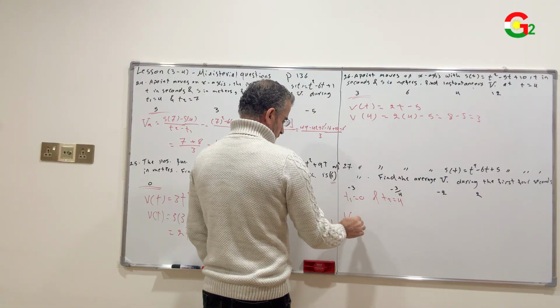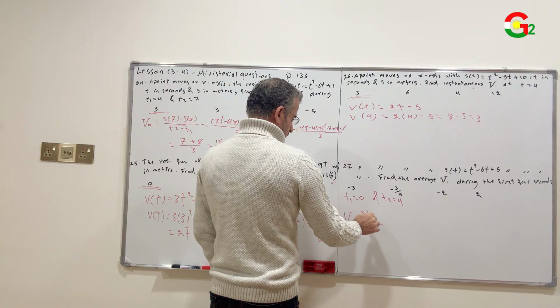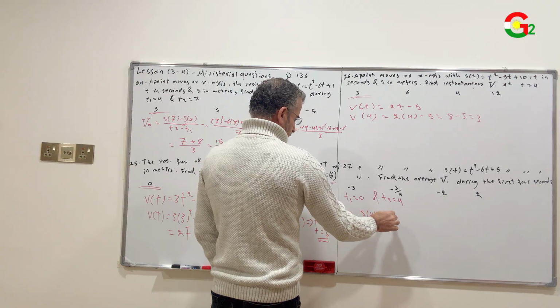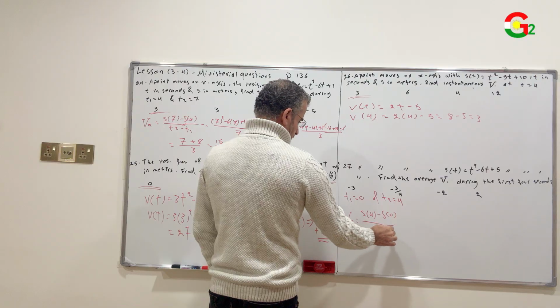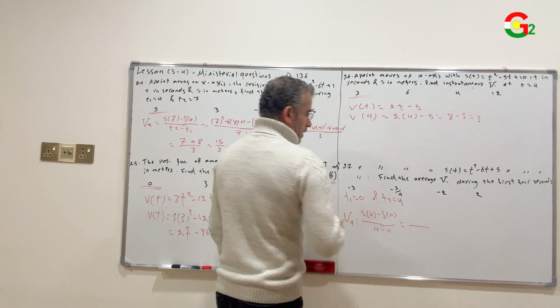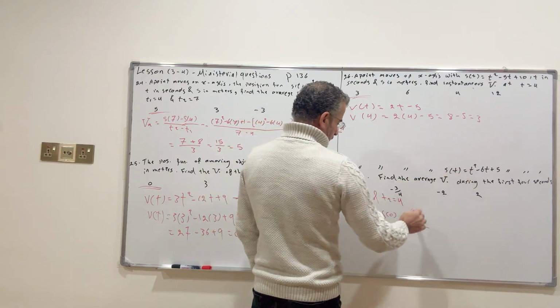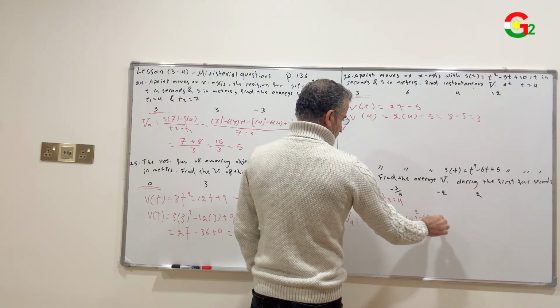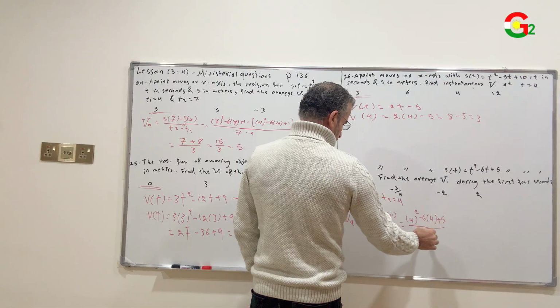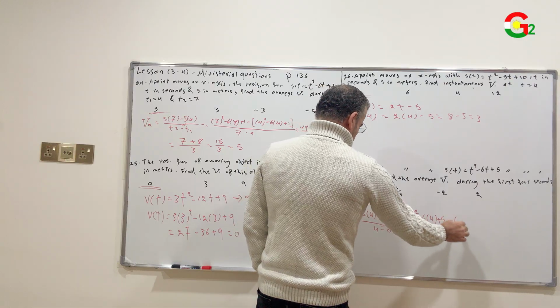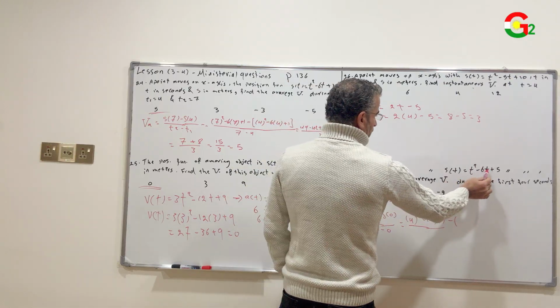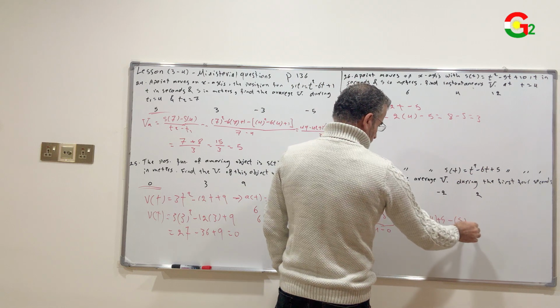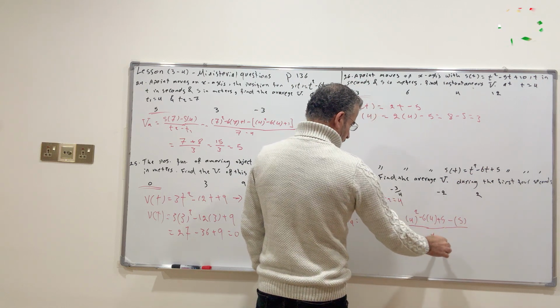The first 4 seconds means t1 equals 0 and t2 equal 4. The average velocity equal to s of 4 minus s of 0 over 4 minus 0. s of 4, substitute 4 in the position function, 4 squared minus 6 times 4 plus 5, minus s of 0, 0 minus 0 plus 5, minus 5 over 4.